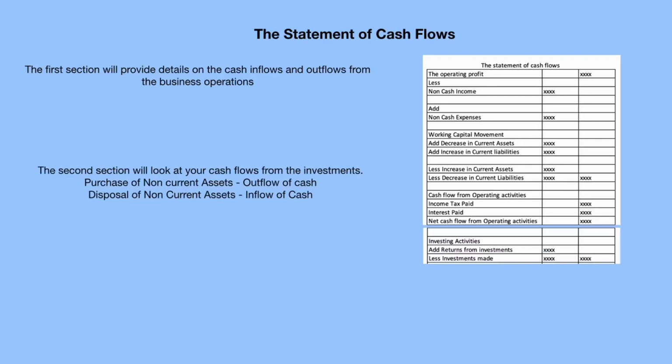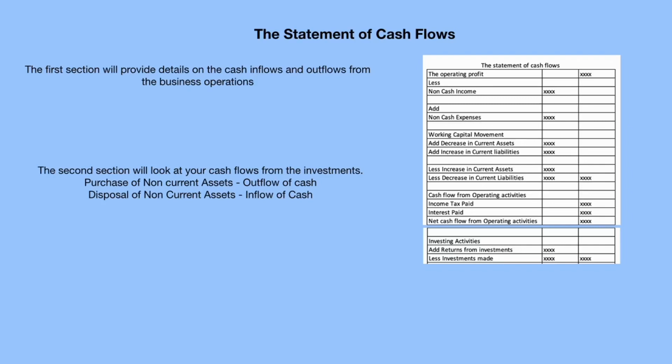The second element of the statement of cash flows is the cash flows from investing activities. Now, when you say the cash flows from investing activities, it is where you invest money to get returns, like buying non-current assets. So when you buy non-current assets, you will spend cash. It's a cash outflow.